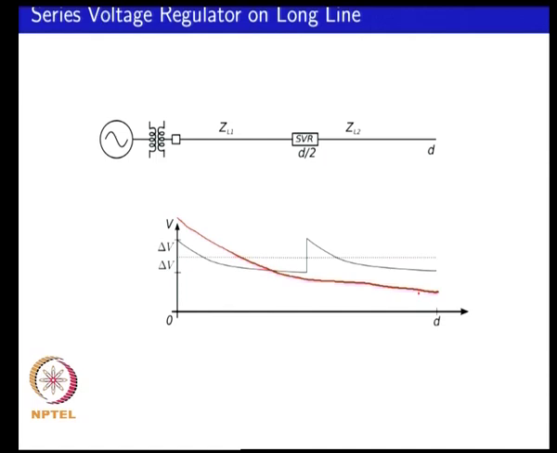Okay. And then the question is, what happens when you connect a DG to a system such as this. Okay. So, once you connect a DG to a system such as this, we will see that you could have a DG that is connected at different points. It could be at the feeder, it could be in the middle, it could be at the end, it could be just above the series voltage regulator or just downstream.